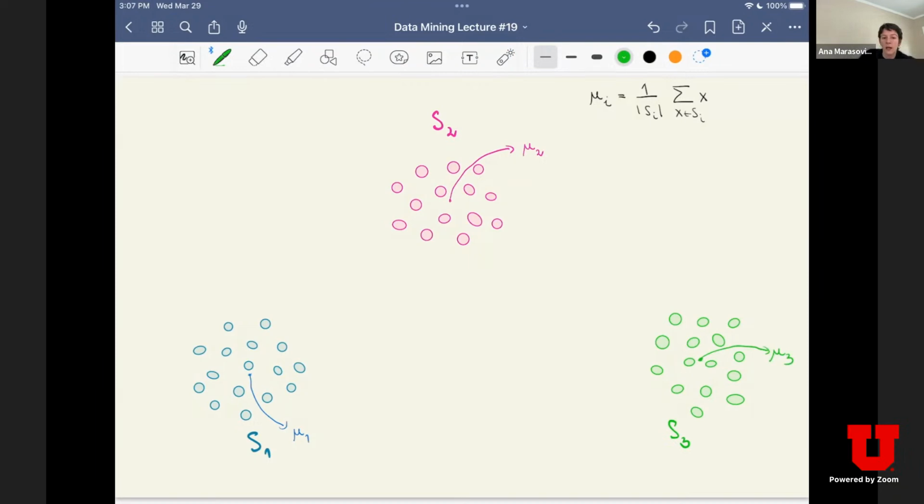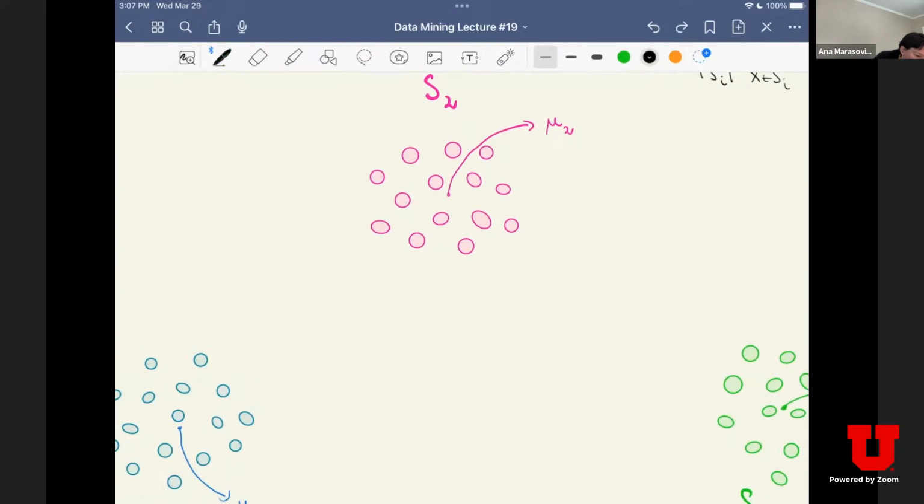All right. So I said we want to minimize the variation inside each one of these blobs. To do that, we are going to define a within class scatter matrix. If you look at each one of these distances here, it's a little bit hard to illustrate. So here, the distance of this point to the mean, this point to the mean, this point to the mean.